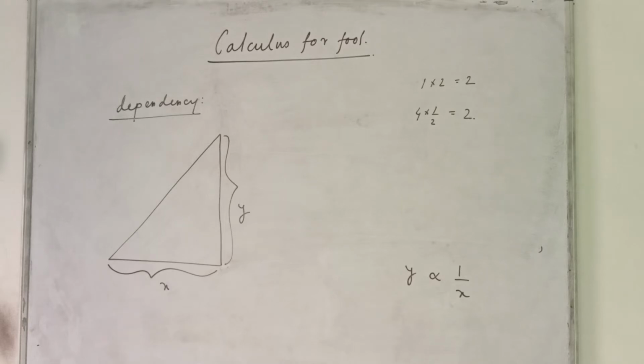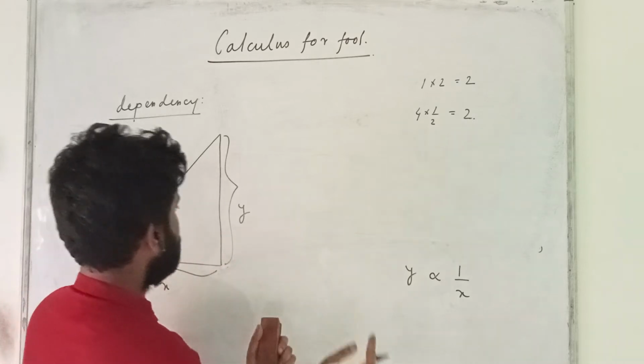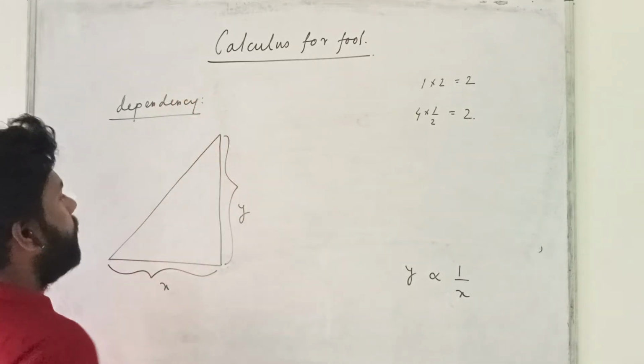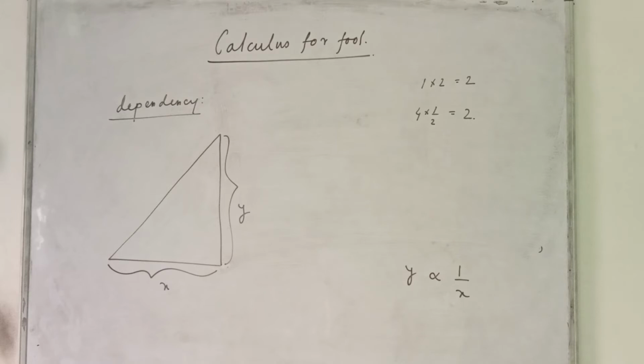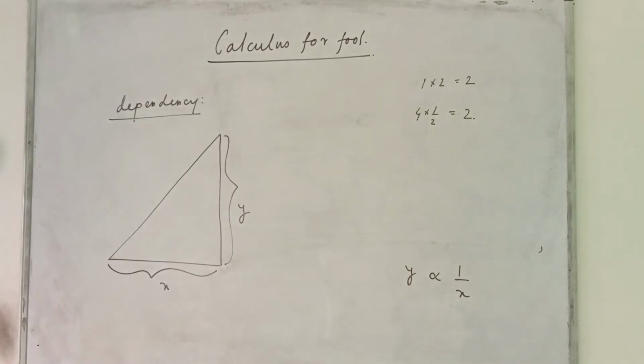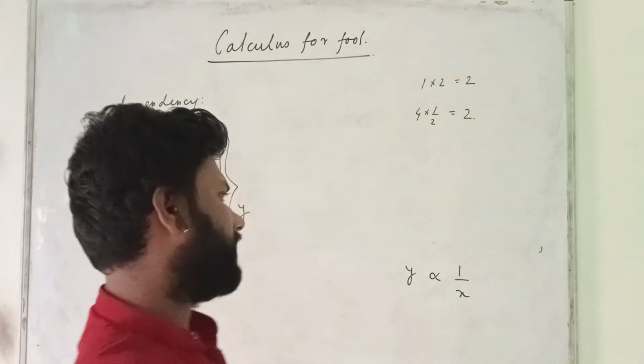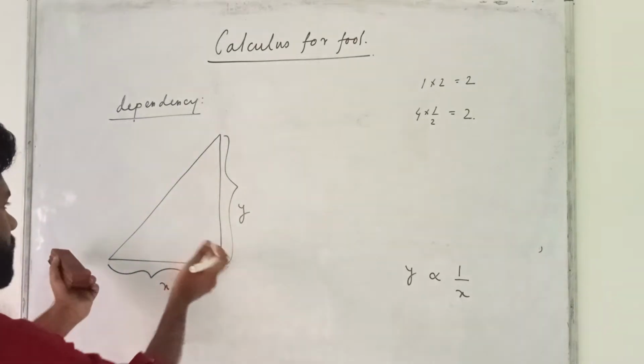You can change the length of the base, the length of the height, but the slope of this triangle should remain constant, right? There are restrictions. The slope of this triangle should remain constant.